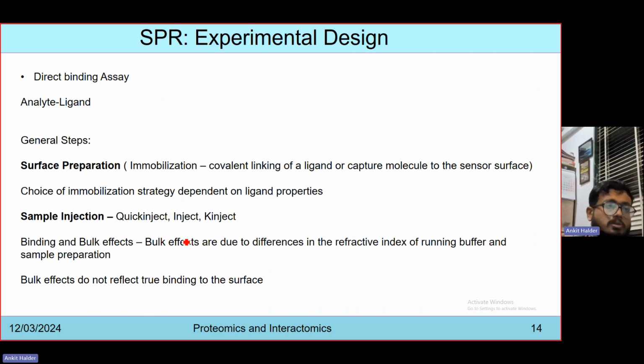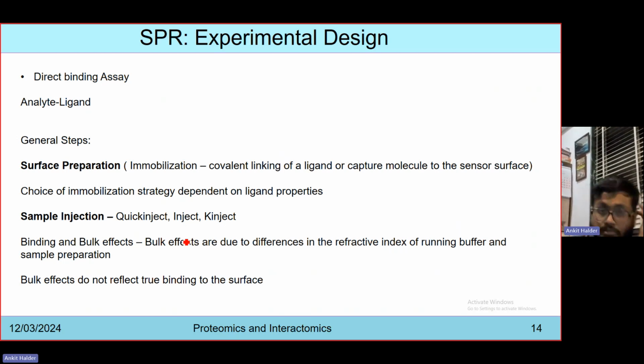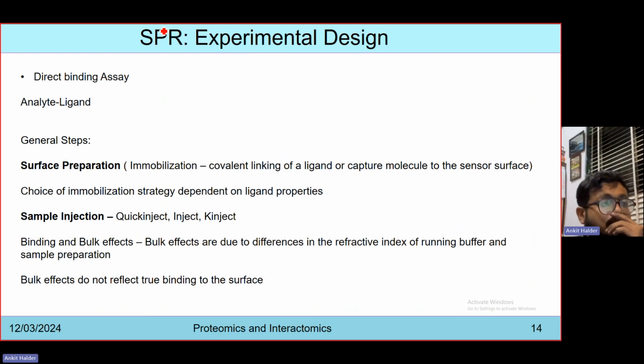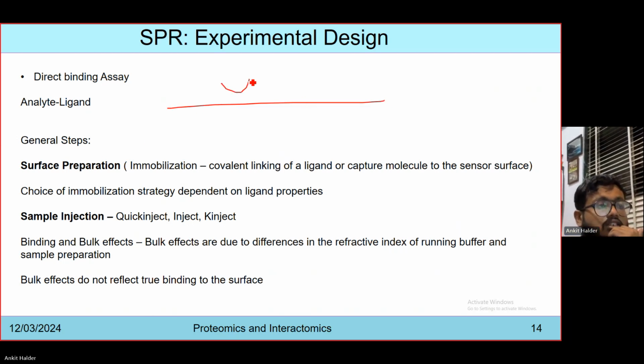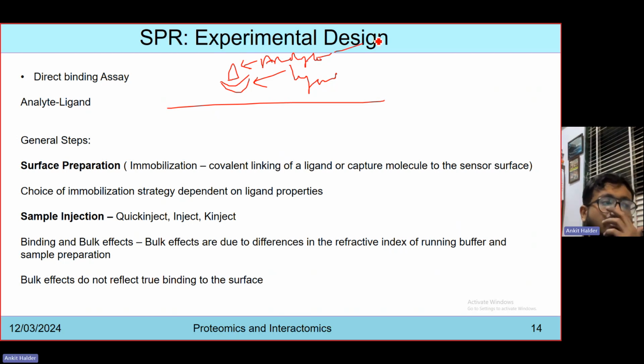Now, what is the experimental design? One is the analyte and the ligand. So again, to repeat, you have the ligand, and the analyte gets bound to it. So this is the analyte and ligand. The general steps start with surface preparation.